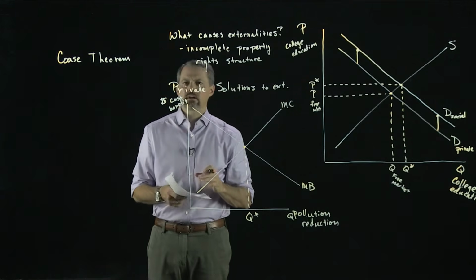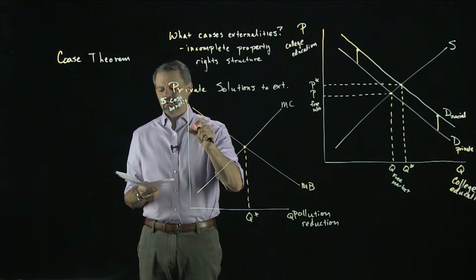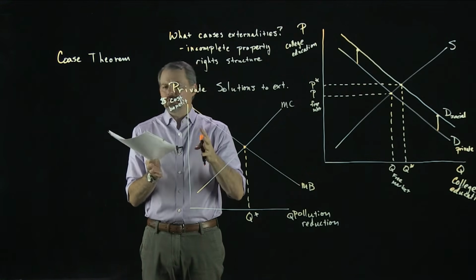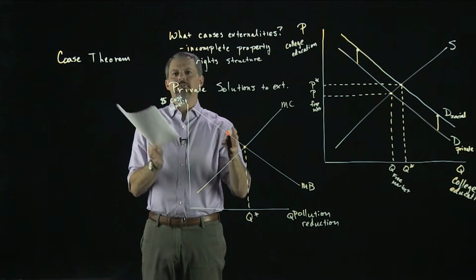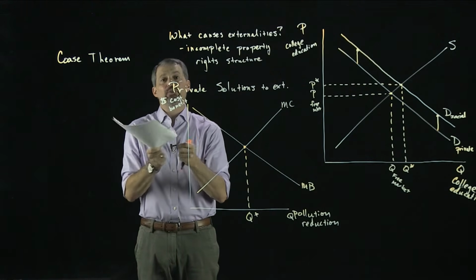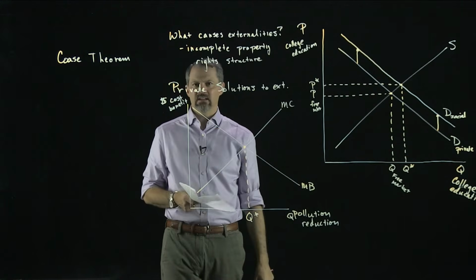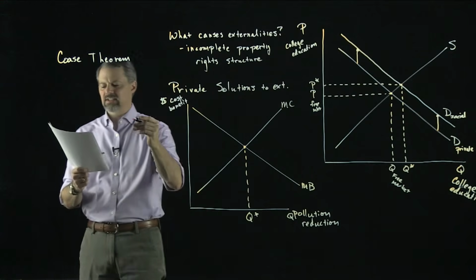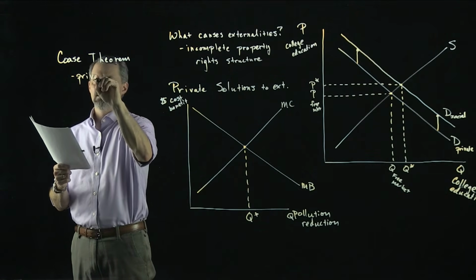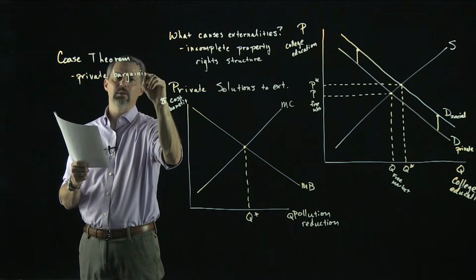And what Dr. Coase said is that as long as transaction costs are low, then the firms or the parties that are involved in the negative externality are going to have an incentive to come to some agreement between themselves that will eliminate the externality. Okay, so let's just say that private bargaining, that's the key thing. Private bargaining will fix the problem.